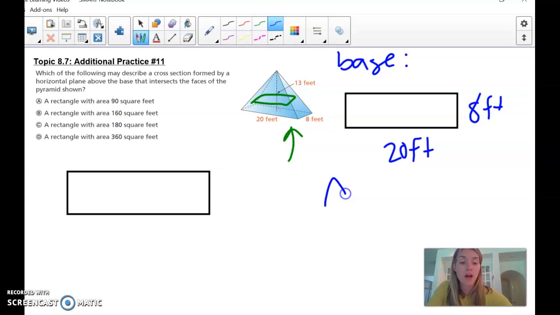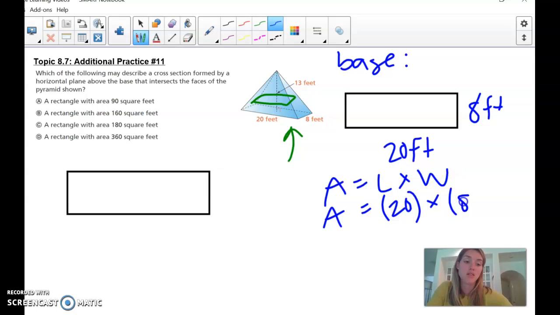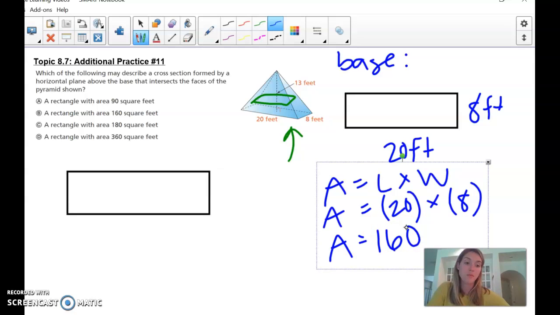So area is equal to length times width, which means area is equal to 20 times 8, and 20 times 8 is going to be equal to 160. Okay, so we know that the area of this base is 160 feet squared.